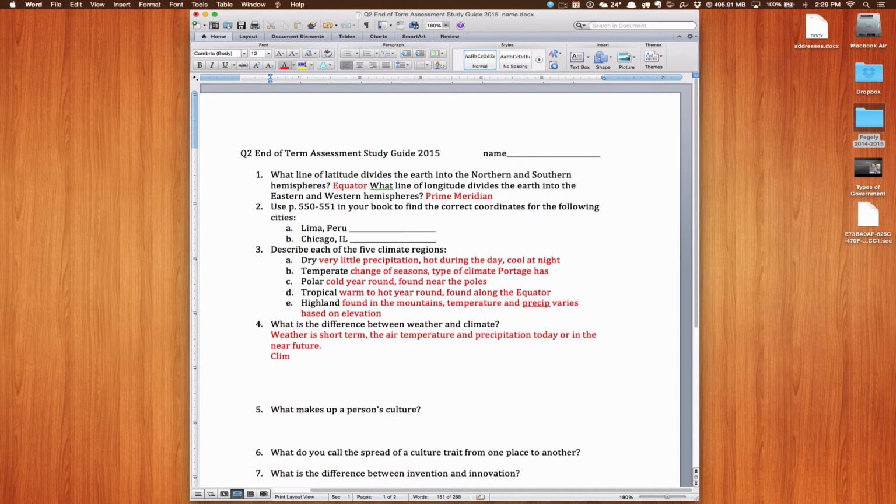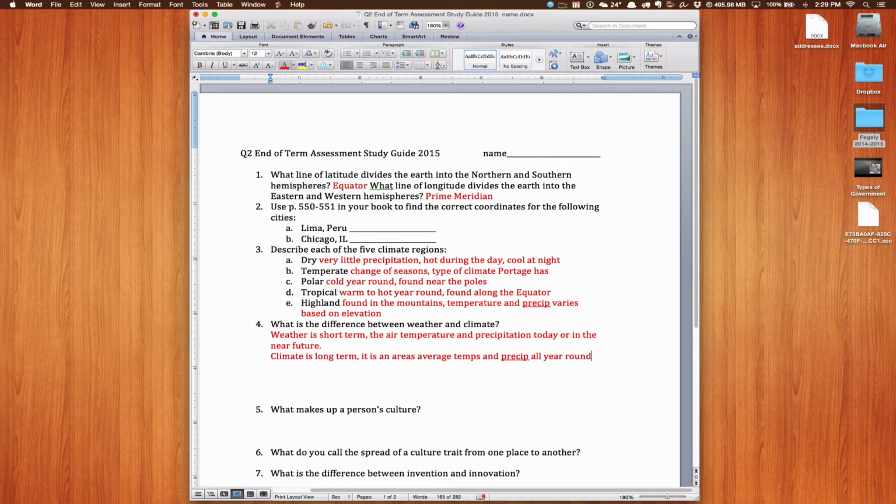Climate, by contrast, is long-term. It is an area's average temps and precipitation all year round, I guess I'll say.